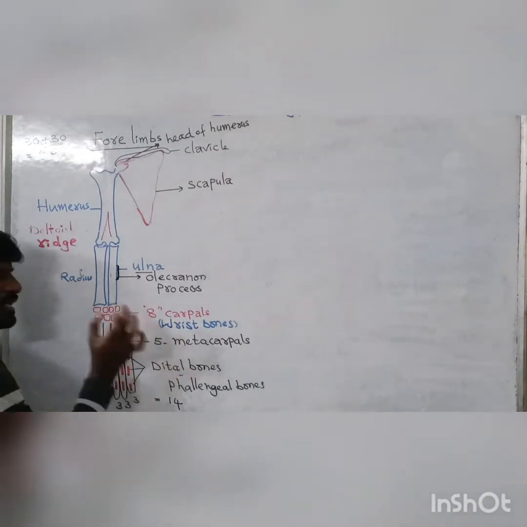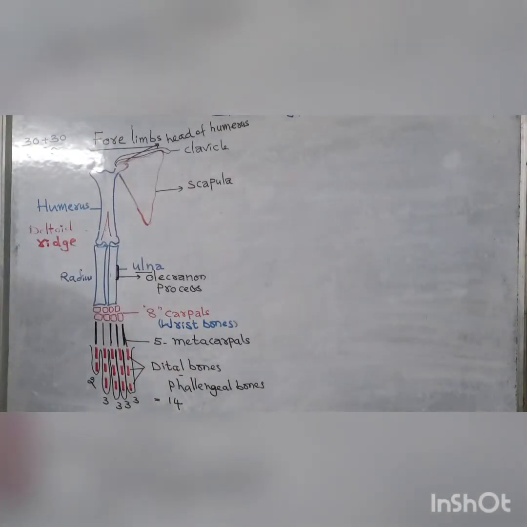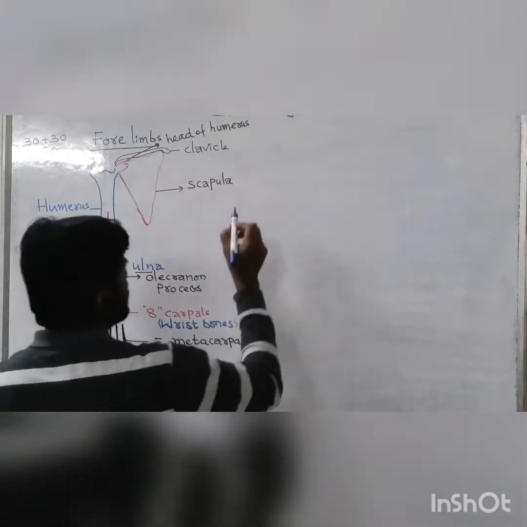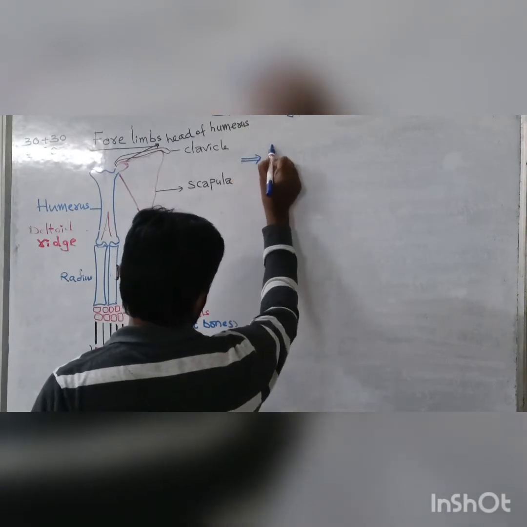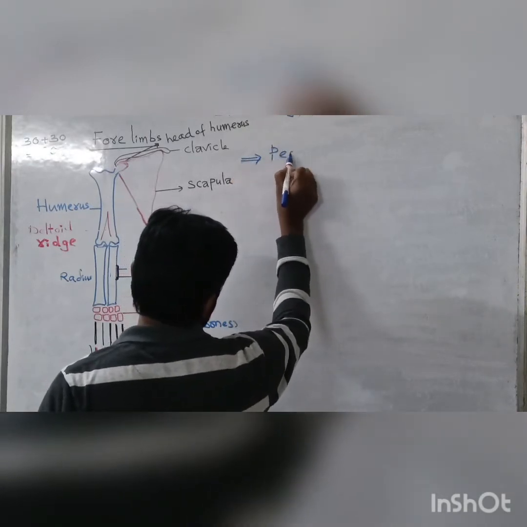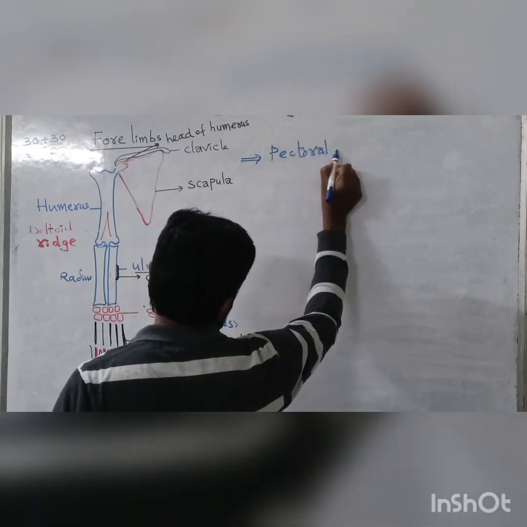The number of carpals are 8 and they are called the wrist bones. Metacarpals are 5, digital bones are 14. This is all about the forelimb. The forelimbs are supported by the girdle. Forelimb girdles are called the pectoral girdles.